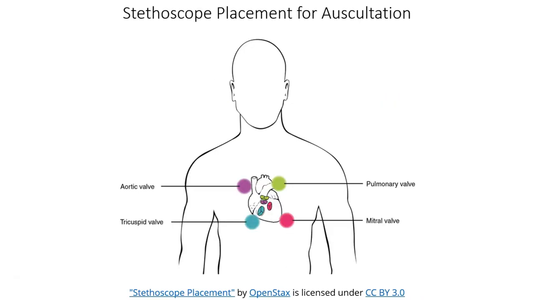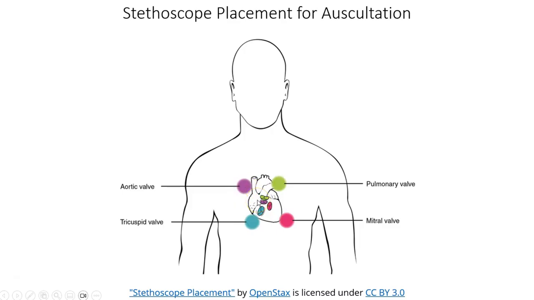So this is showing where to place stethoscopes for auscultation, so hearing those heart sounds. And as you can see, we've got this color coordinated, and so each of those placements of the stethoscope is going to be associated with one of those particular valves that allows you to hear the opening and closing of that valve best. So down here for the tricuspid valve, mitral valve over here, pulmonary valve, and the aortic valve.